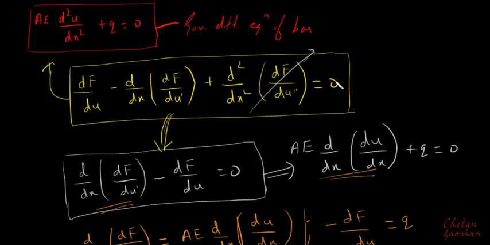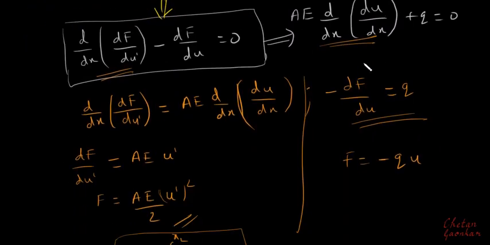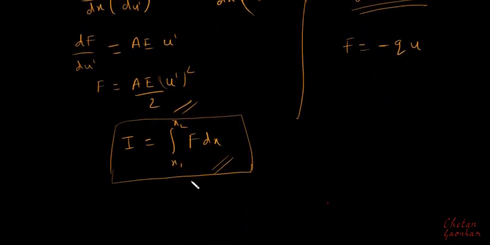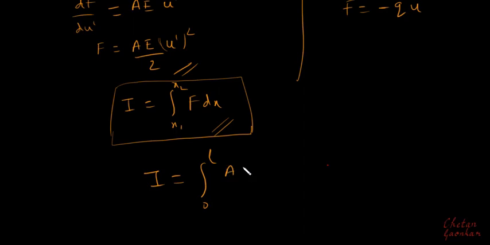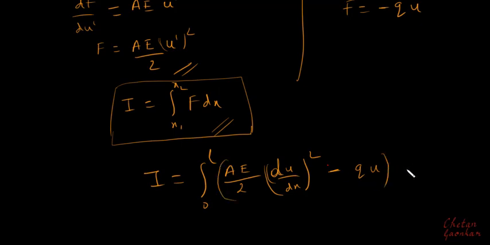Here the domain we can take as x varying from 0 to L. Then our equivalent integral I will be from 0 to L of AE by 2 u dash square, where u dash is du by dx, minus q into u, and this whole term multiplied by dx.